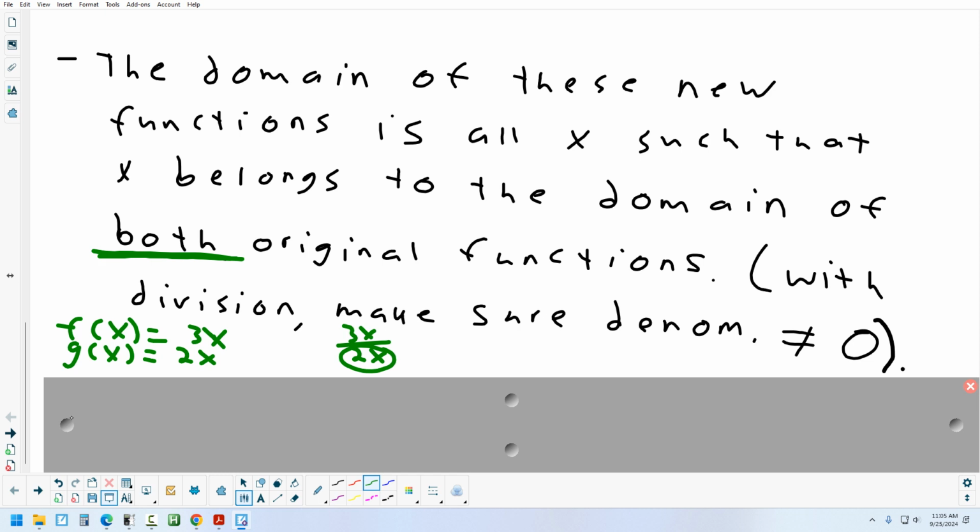Can't divide by 0. And we also can't, yeah? Negative numbers. What with negative numbers? The square root. We don't ever want to take the square root of a negative number. So those are two important things that we have to look out for in every problem.